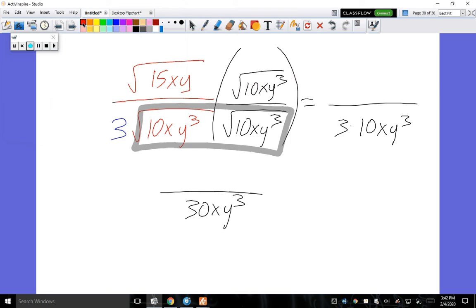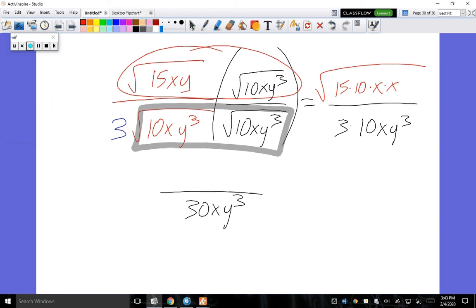And now you just got to put all this together with the rules that you've learned. This is the same as putting it all underneath the same house with 15 times 10 times x times y times y cubed. Can we just go ahead and simplify that for everyone?